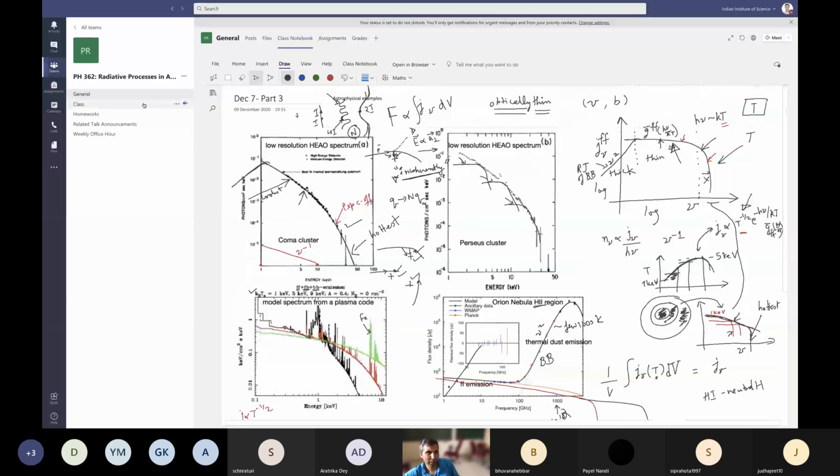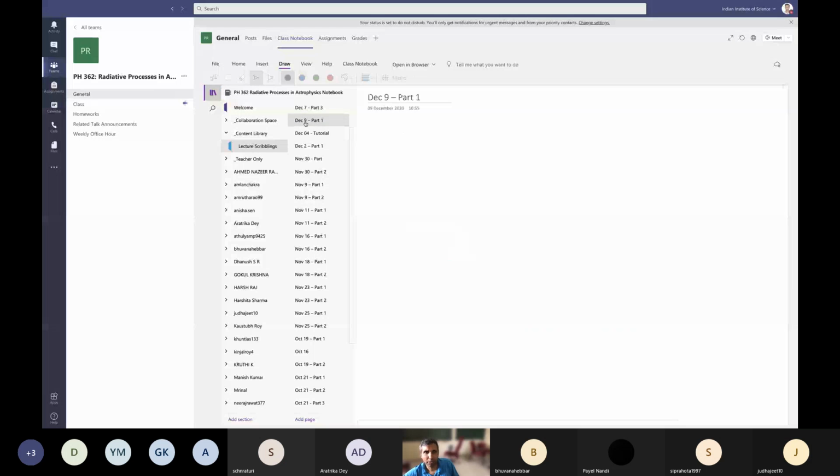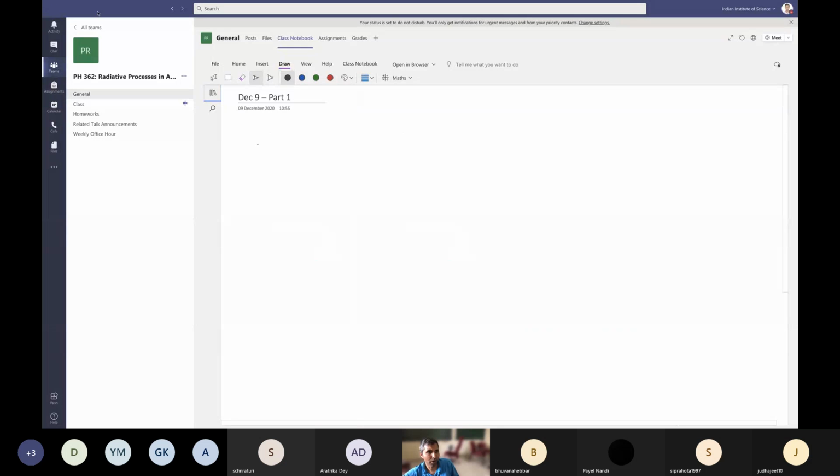So now we'll go to the next class, which is this one. Any question on bremsstrahlung emission? Now we will actually talk about absorption a little bit.